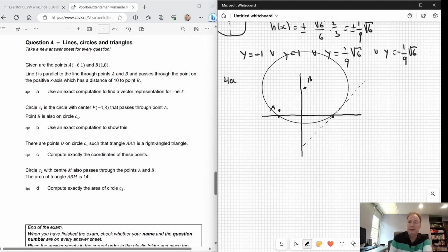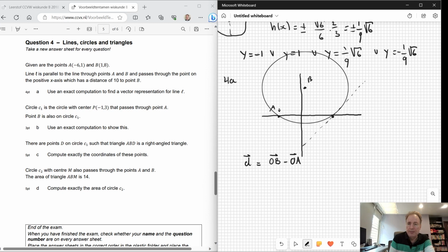So finding the slope of this line is easy. Actually, they're asking for the vector representation, so we look for the direction vector. It will just be the vector OB minus OA. So the direction vector of the line is the vector OB minus OA.